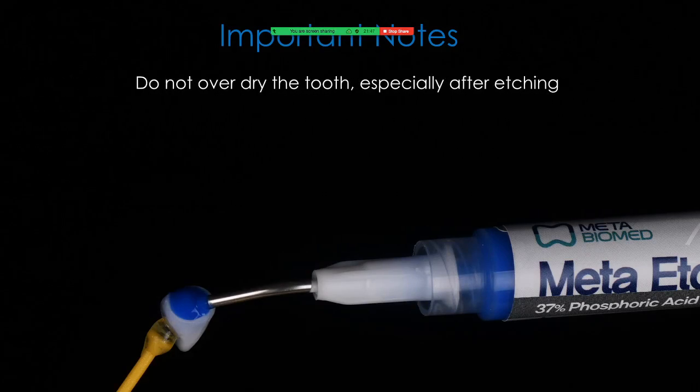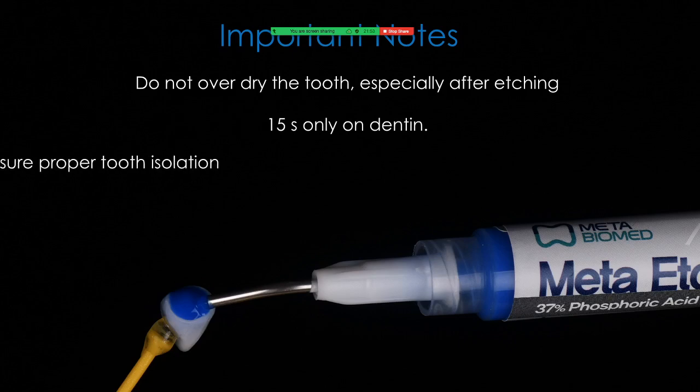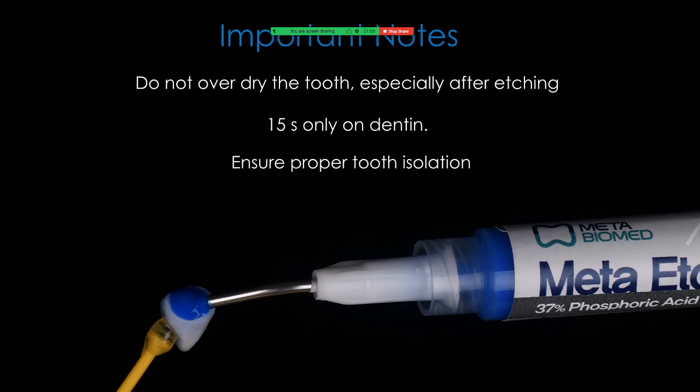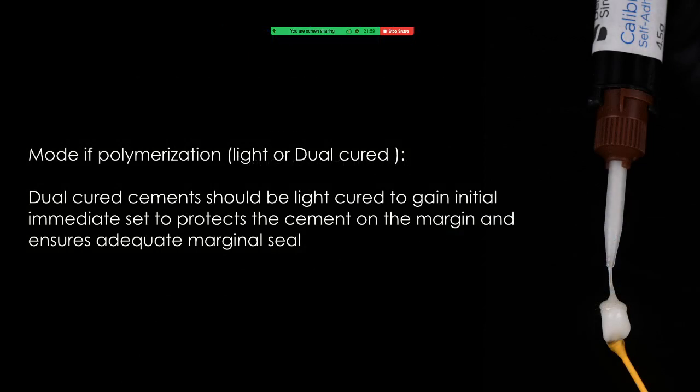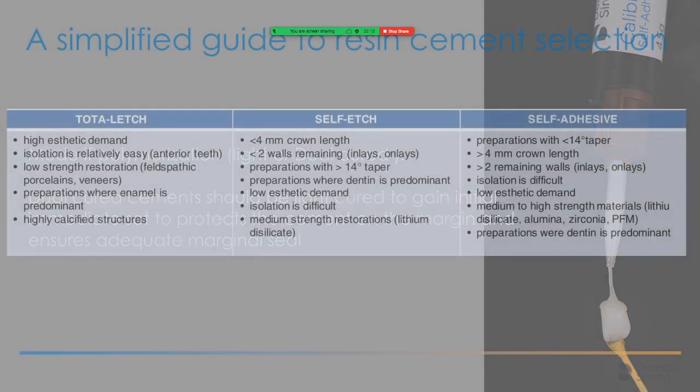Important notes to memorize: don't over-dry the tooth, and also don't keep the phosphoric acid more than 15 seconds on the dentin. Ensure proper tooth isolation. Okay, and now dual cure cement should be light cured to gain an initial immediate set to protect the cement on the margin and ensure an adequate marginal seal.